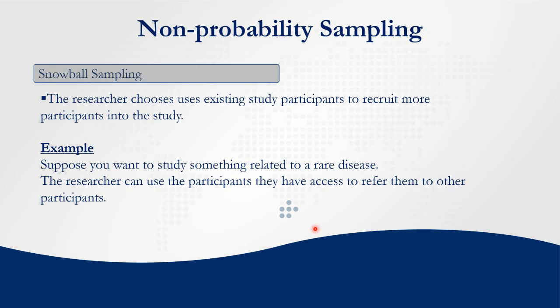Snowball sampling, it's when you recruit some people, and the people you've recruited, they refer you to other people who meet your inclusion criteria. So an example is if you're studying something related to a rare disease.